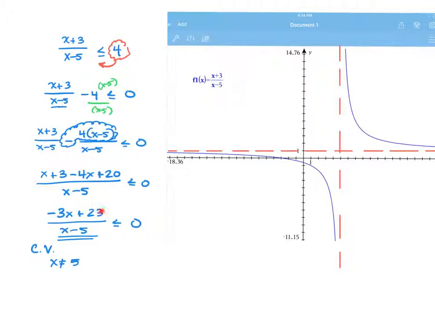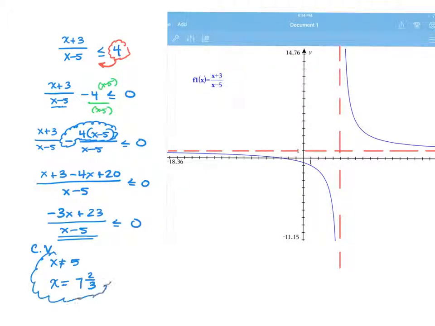The way that you do that is you take the opposite of this number, so that's negative 23, and divide it by that number, which is negative 3. So negative 23 divided by negative 3 is 23 over 3. If x equals 23 over 3, which is 7 2/3, that's when this function will be equal to 0. So what this now gives me is my critical values.